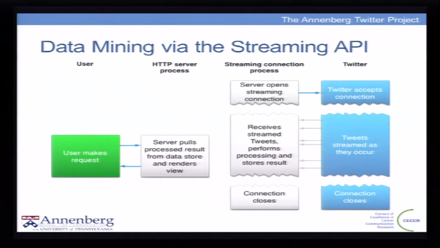The HTTP server is just the protocol used to connect to the streaming connection process, which provides us real-time streaming data. It's a random sample, approximately 300 million to 400 million tweets per day. It will parse out the data and return a set of instructions, and then we store all this data into a SQL database, and that's what we are using.